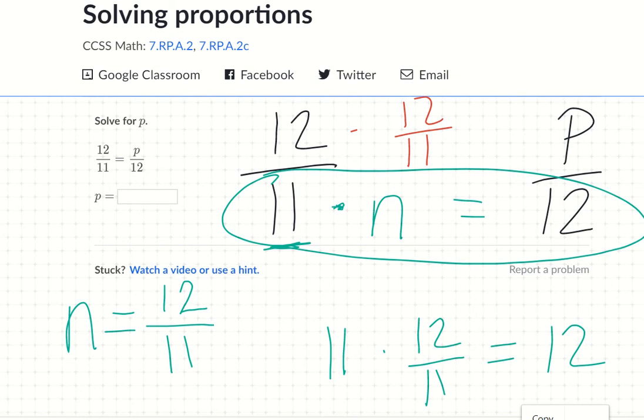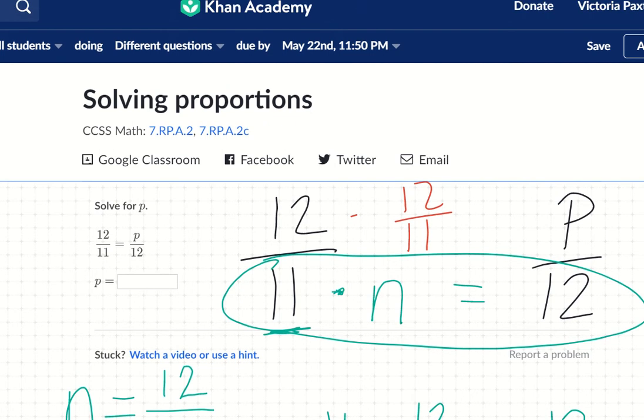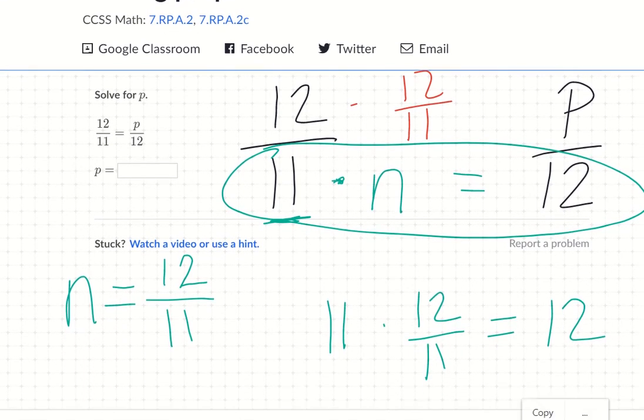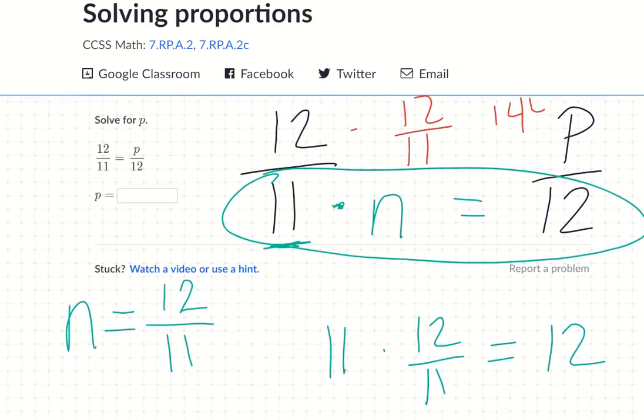It's going to be a funky looking number. Don't let that dissuade you. 12 times 12, what is that? 144? Hopefully I did my math right. And I'm going to put it over 11 because 1 times 11 is 11. So that is going to be my answer, even if it looks weird.